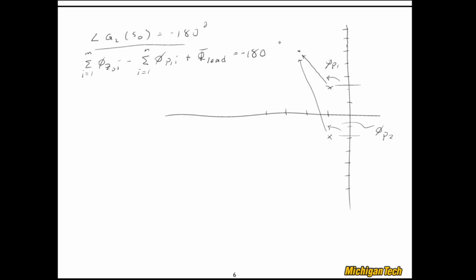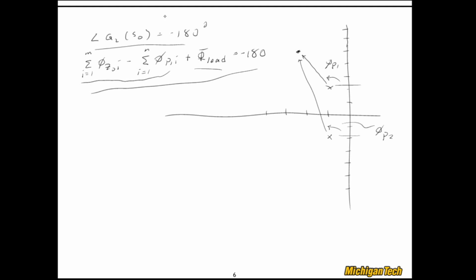And what I'll do is calculate the phase associated with everything that isn't the compensator, so in this case it would be the plant, and then calculate how much phase lead I need from the lead compensator in order to force this condition and the poles to be at this point. Sounds crazy, but it's really not that bad.